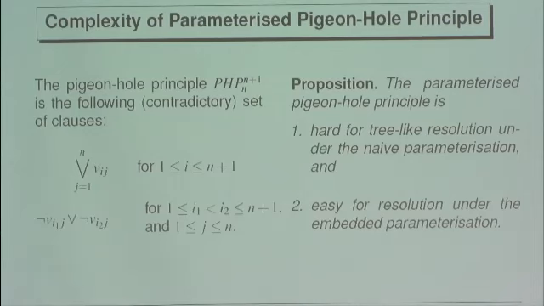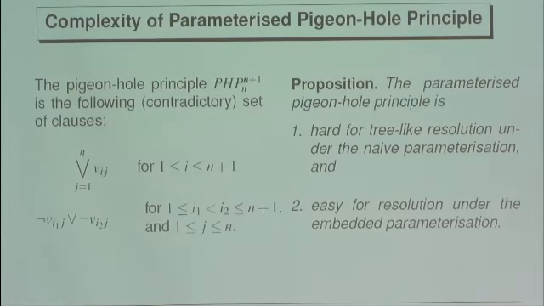It is not difficult. It's essentially because the pigeonhole principle from n plus 1 to n transforms into the pigeonhole principle from n plus 1 to k, and that's easy. We said we didn't know how to do it under the naive relativization parameterization.